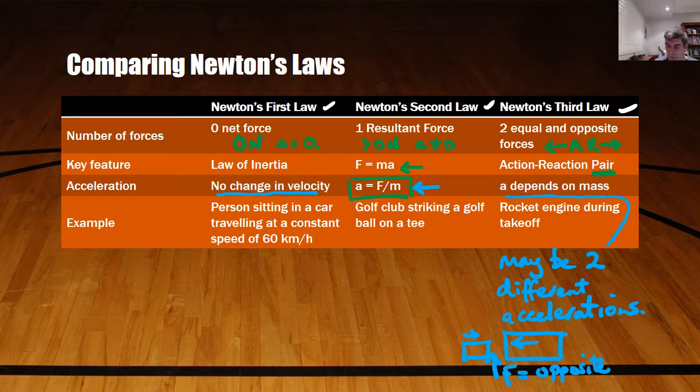So if the force of the collision is, for example, 1,000 newtons, then that will be an equal and opposite force. The truck will apply 1,000 newtons to the car and the car will apply 1,000 newtons to the truck.